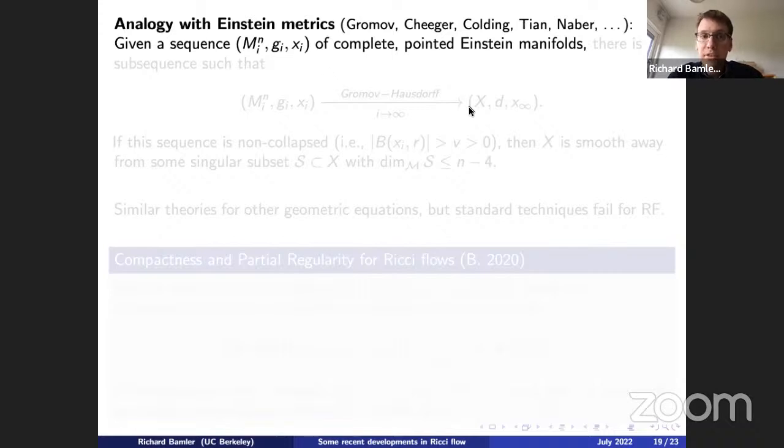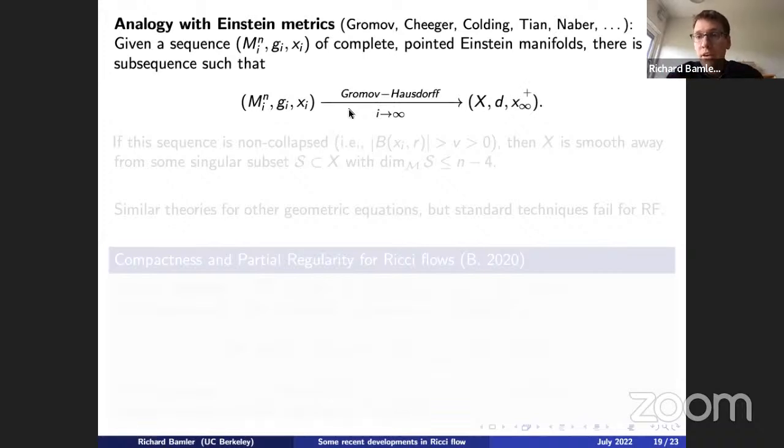Let's suppose we have a sequence of complete and pointed Einstein manifolds. Then it has been known by Gromov that we can pass to a subsequence and that we have pointed Gromov-Hausdorff convergence to some pointed metric space in the limit. So this is the standard Gromov-Hausdorff compactness theory. Now this limit could hypothetically be very irregular.